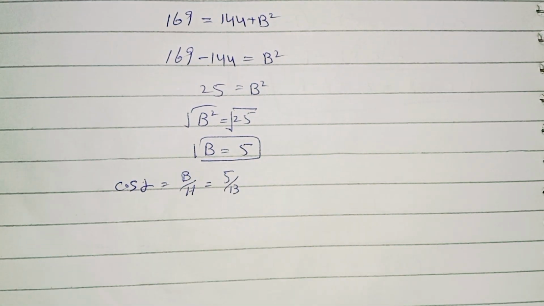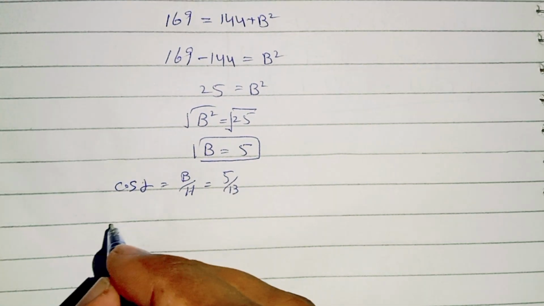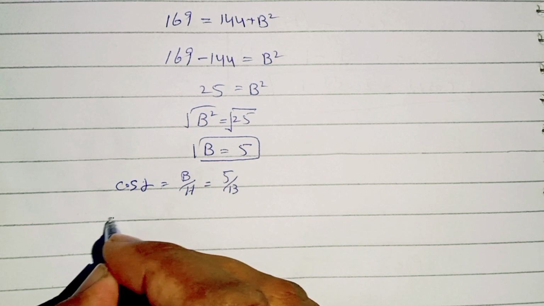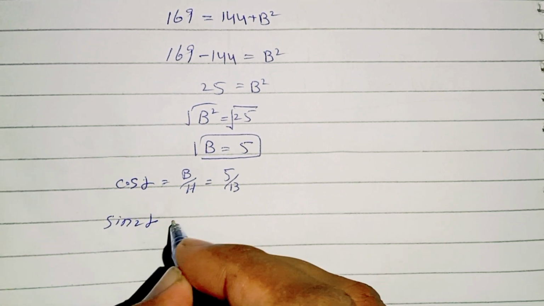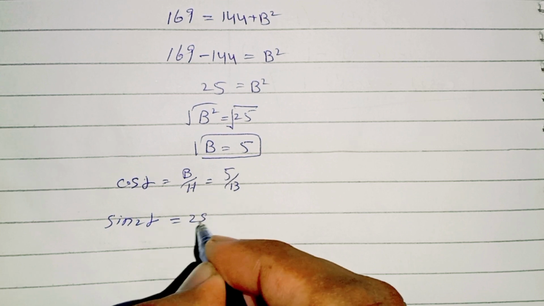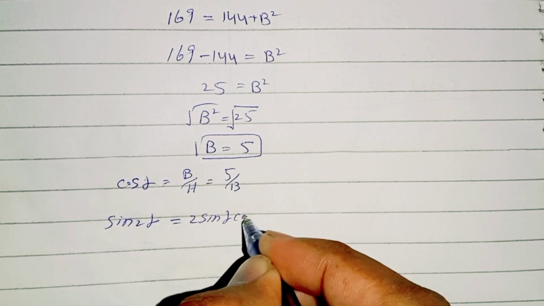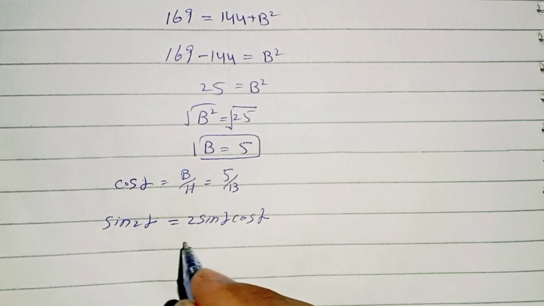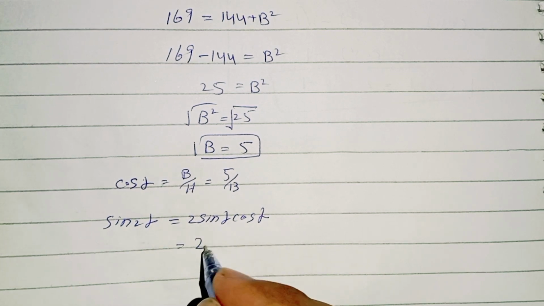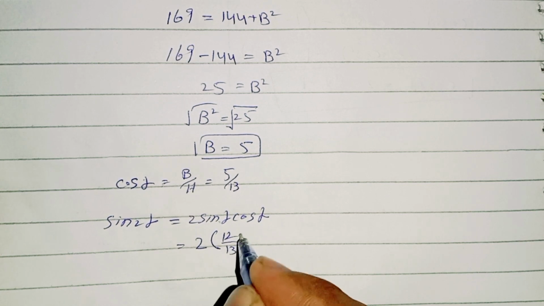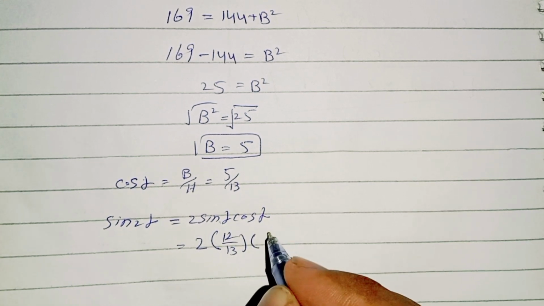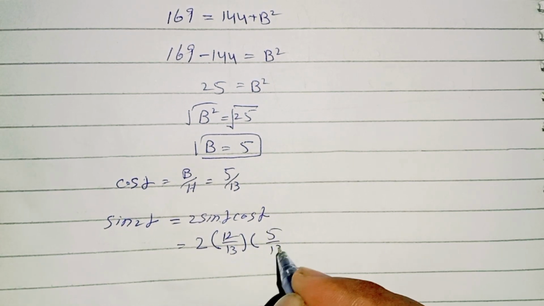Since we have to find first of all sin 2 alpha, we know the double angle identity: sin 2 alpha is equal to 2 sin alpha cos alpha. Putting the values, sin alpha is equal to 12 over 13 and cos alpha is equal to 5 over 13.